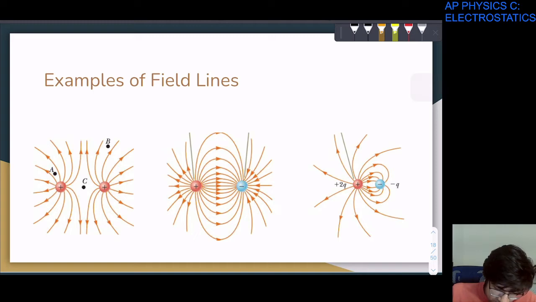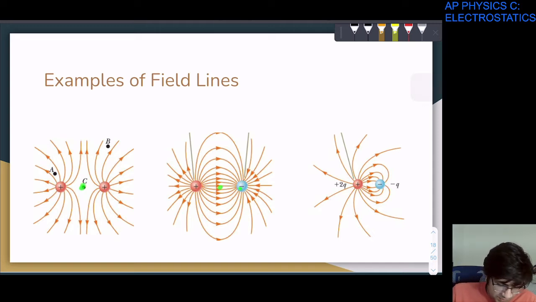Now, in this diagram here, you can see that the fields are kind of married to each other. And this is because if you're a test charge in the center here, remember test charges are positive, you'll be directed towards this negative charge. You'll be repelled away from the positive charge.